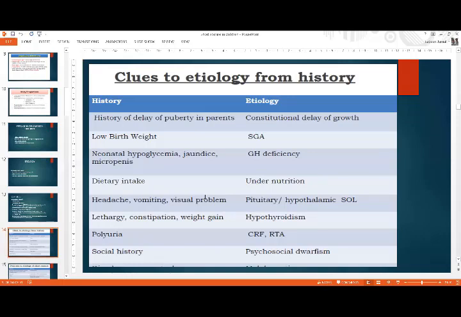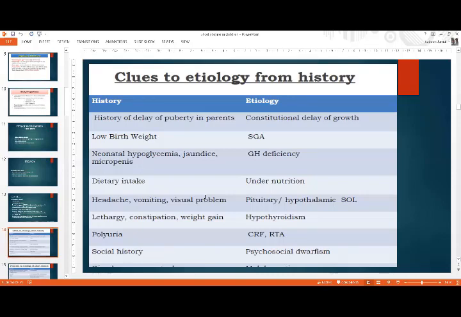If there is poor dietary intake history, then the child will have undernutrition. If there is history of headache, vomiting, some visual problem, then the cause most likely would be pituitary or some space occupying lesion or some problem in the hypothalamus.